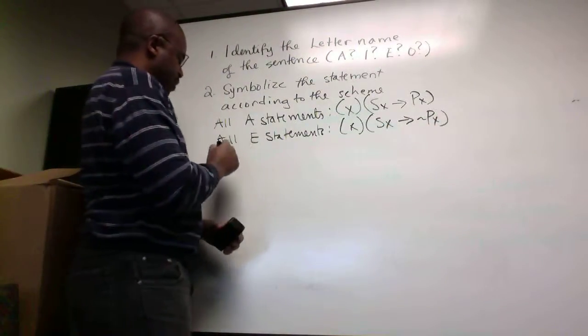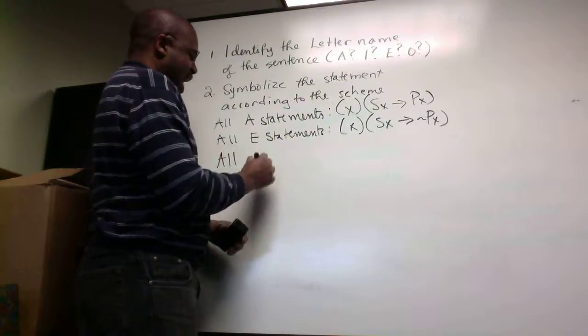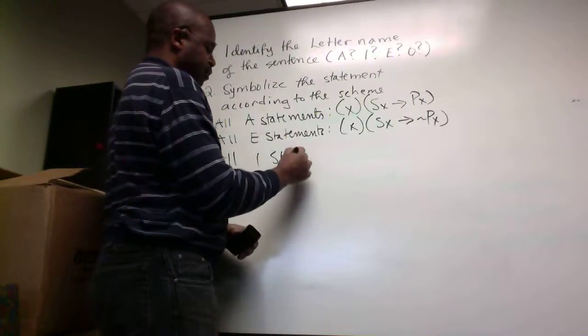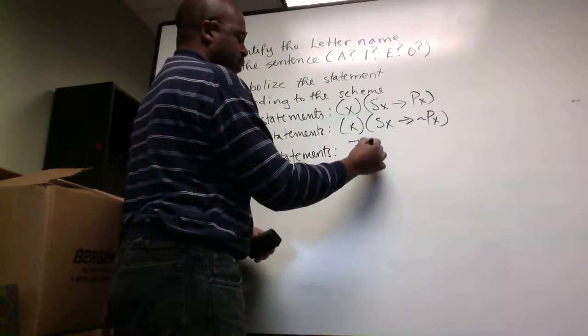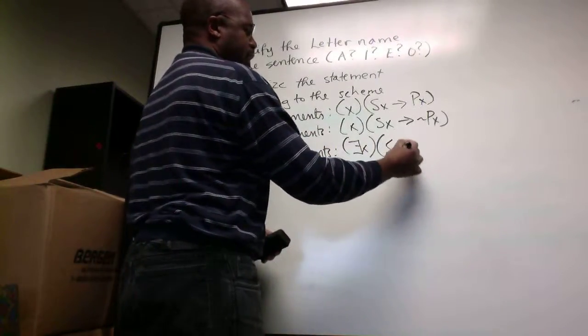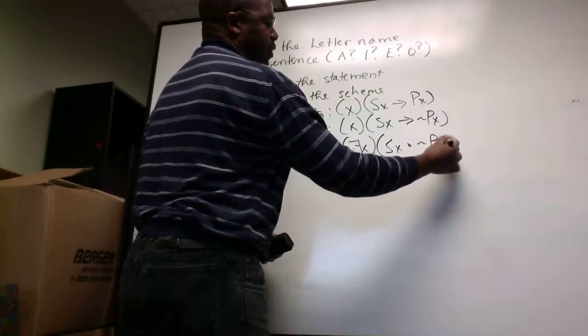And then all I statements are always symbolized, that backward-looking E, as there is an X such that X is S and X is P.